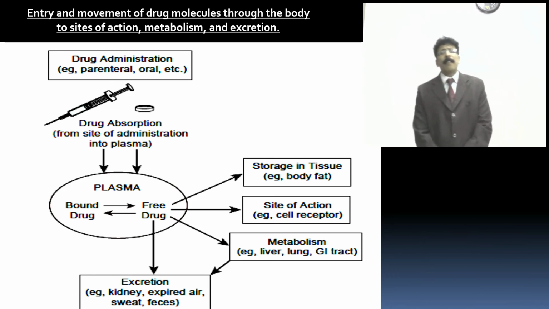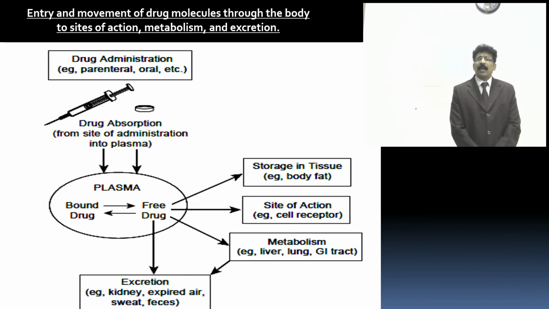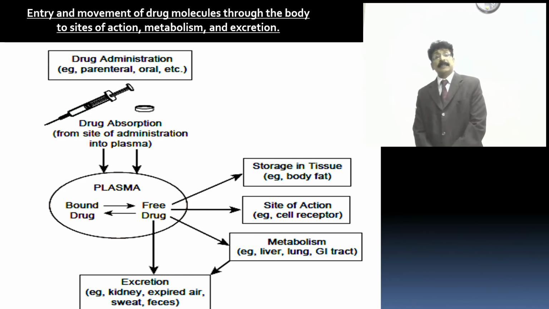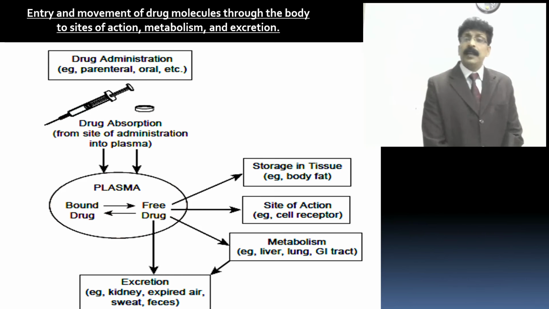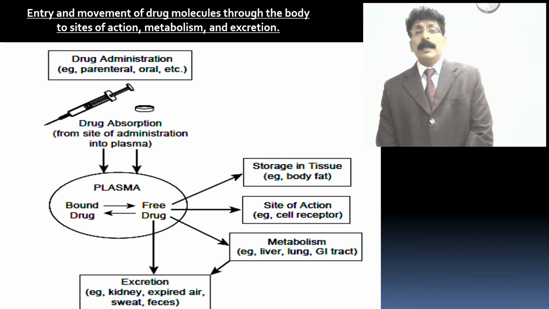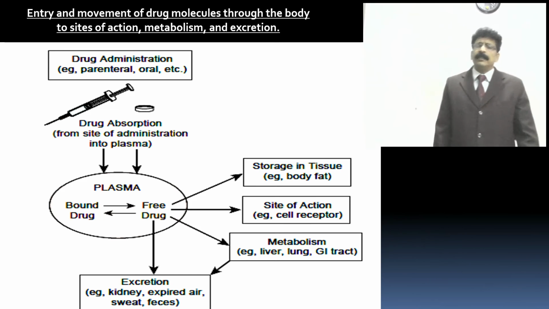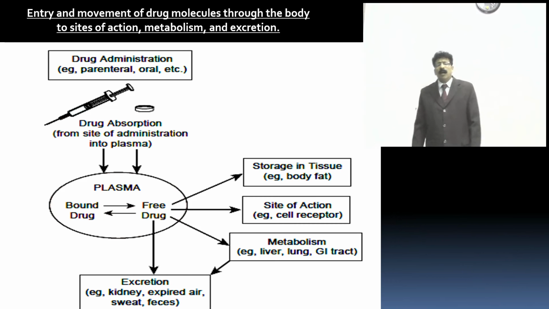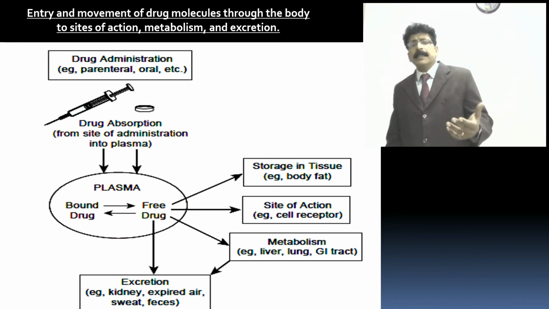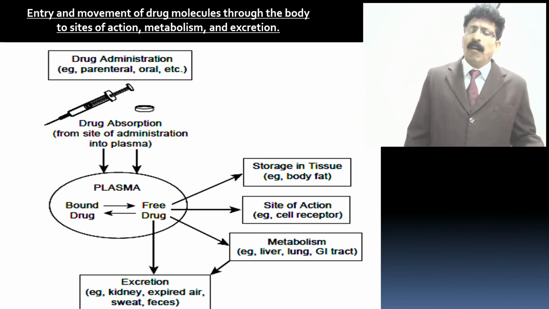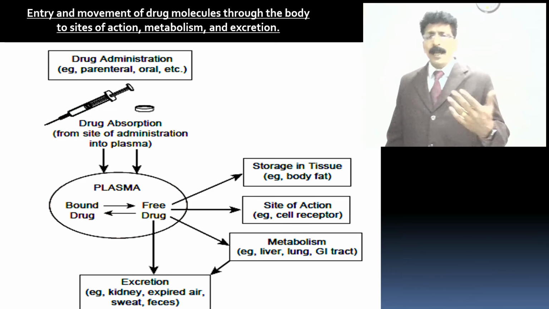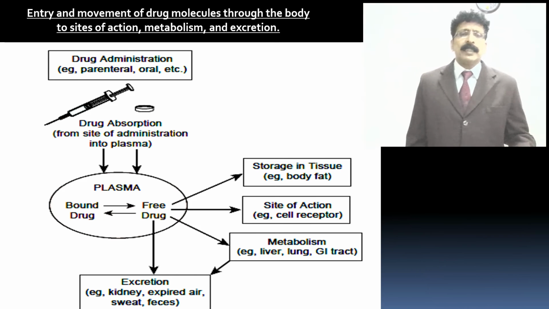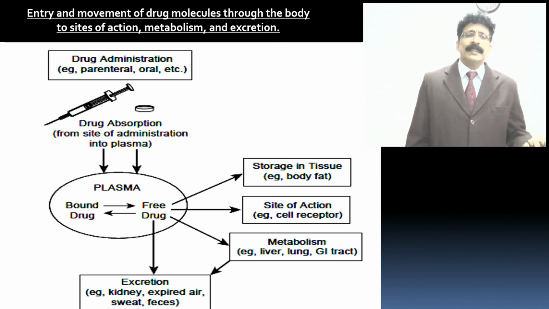It is also taken from a different source to give students a basic idea. Drug administration can be parenteral, oral, or any means like transdermal, novel drug delivery systems, or semi-solid creams applied on the skin or mucous membrane, or aerosols directly. So these are all the things. First there is drug absorption at the site of absorption, and the drug gets into the plasma as bound drug and free drug.